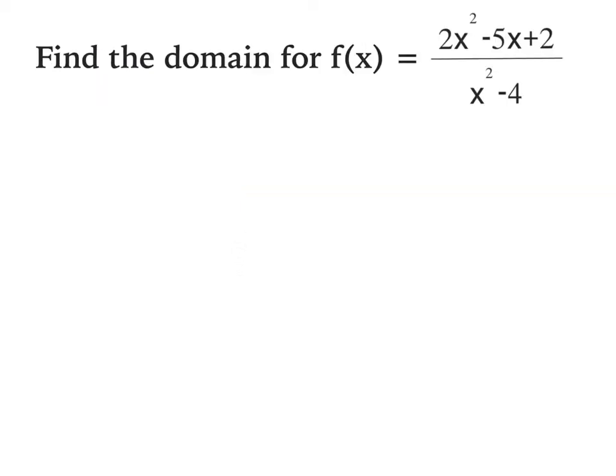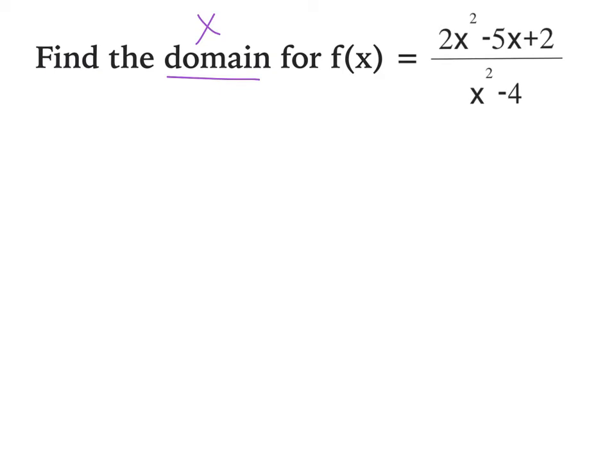The first thing I'm going to do with this function is find the domain algebraically. To remind you, the domain is all real values of x that make the function real as well. The tricky thing about the domain is really knowing where it's going to be restricted.